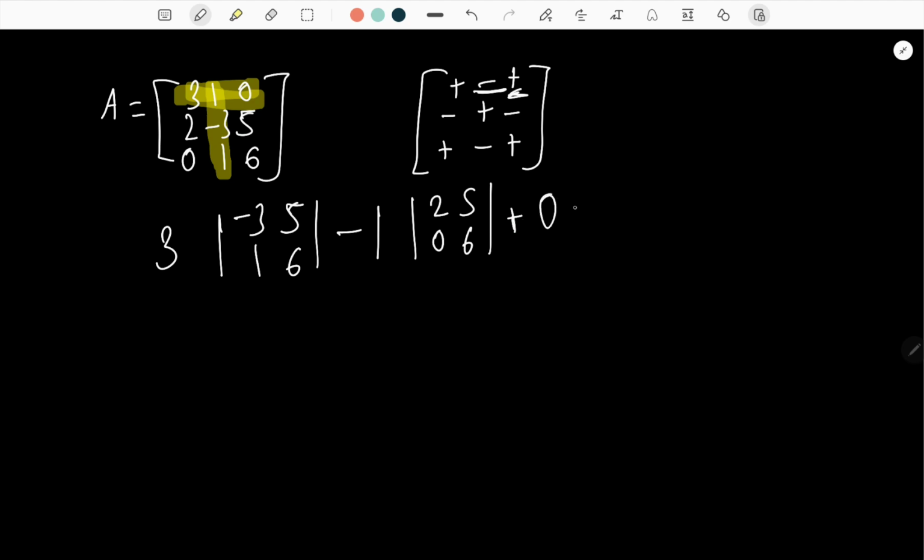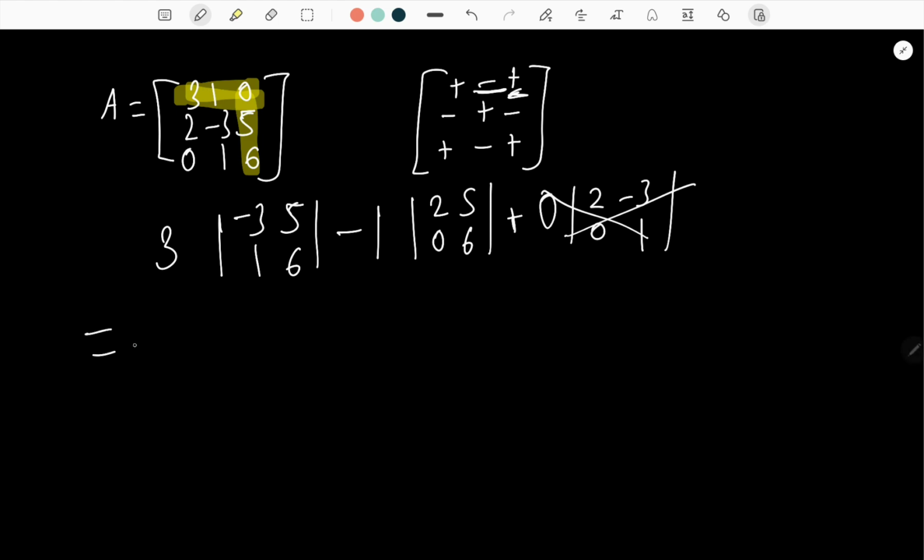This entire thing will be 0, since if we take this row out and this column out, what is left is 2, negative 3, 0, 1, and this entire thing will be 0, since you're multiplying by 0. That's why we choose the row or column with the most zeros.